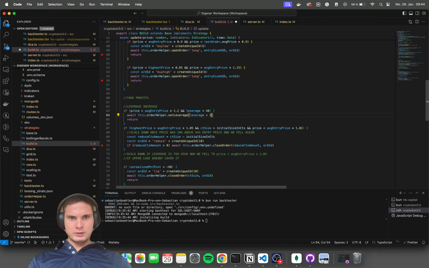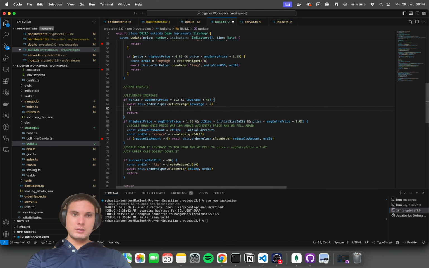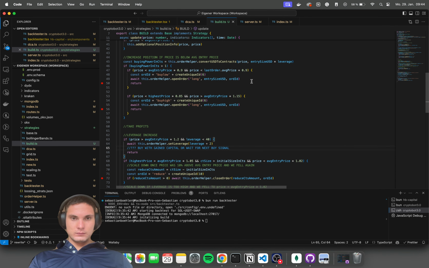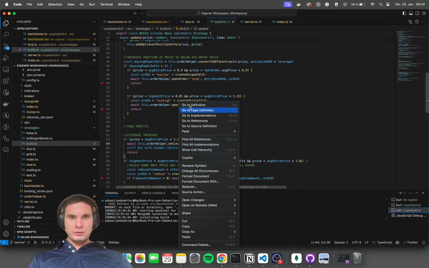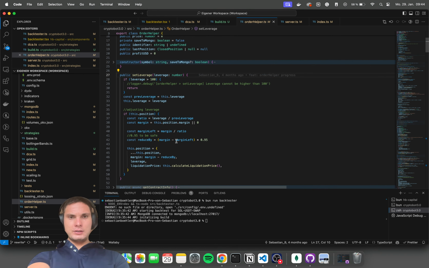Let's increase by 2. And buy with gained capital, or wait for next buy signal. This should reduce the margin, right? Yeah, this reduces the margin.